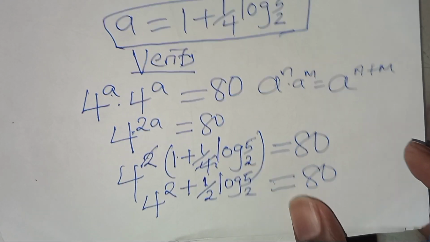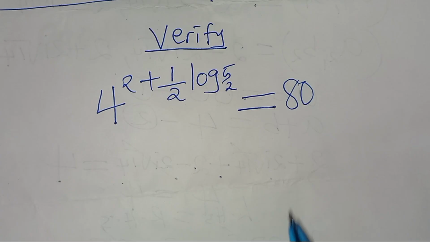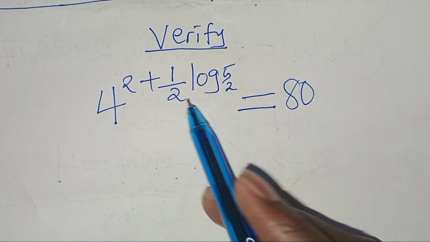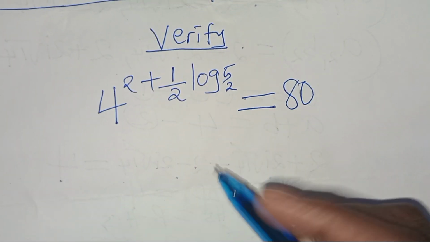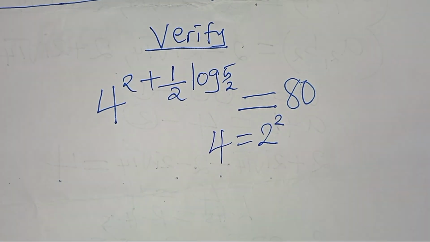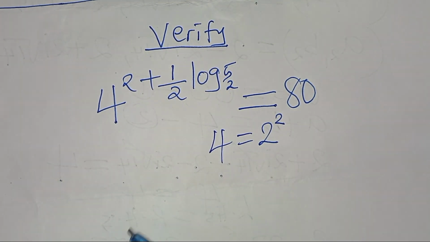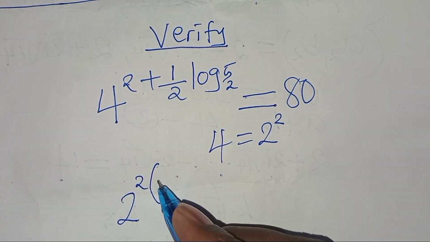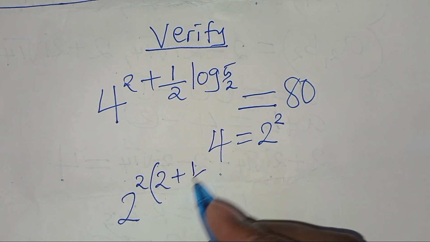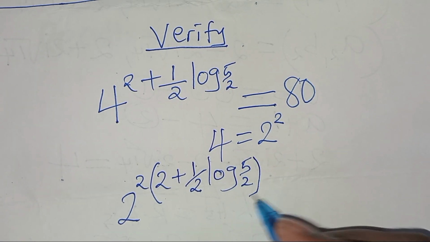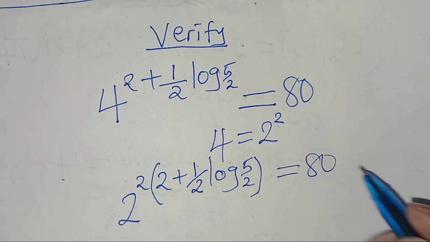Now here we have 4 to power 2 plus a half log 5 to base 2. From what we have here, we can express 4 as 2 to power 2. Now substituting this, we'll have 2 to power 2 multiplying by 2 plus a half log 5 to base 2. This should give us a value of 80.